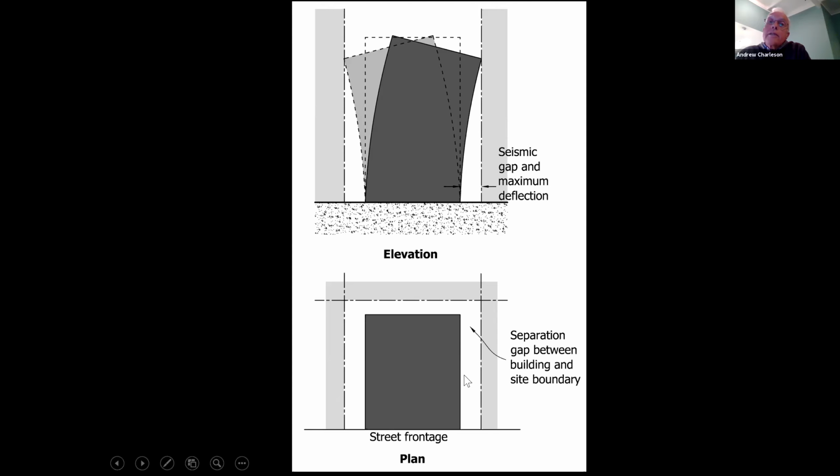But in practice, this gap can be anywhere between, say, 5 centimeters for a low-rise building to, say, 60 centimeters for a high-rise building. This is the size of gap that we must provide to stop pounding.